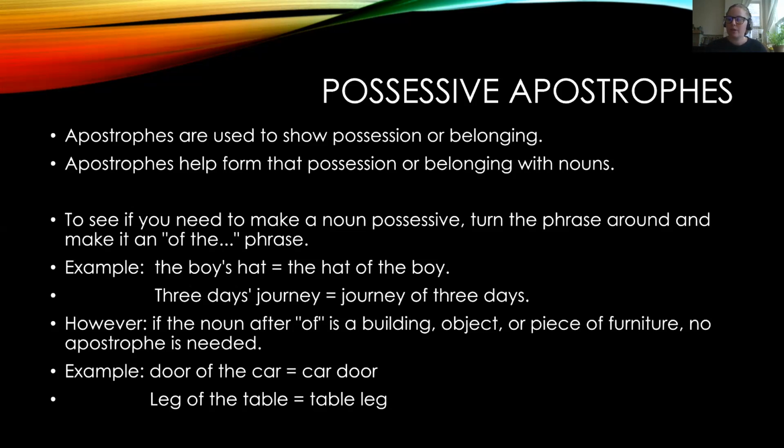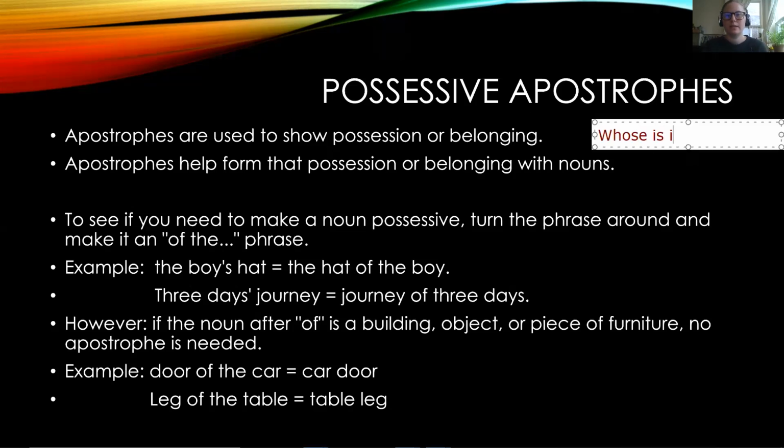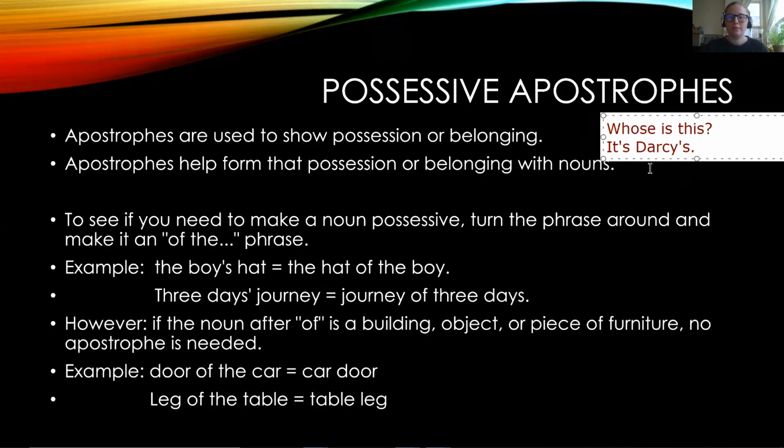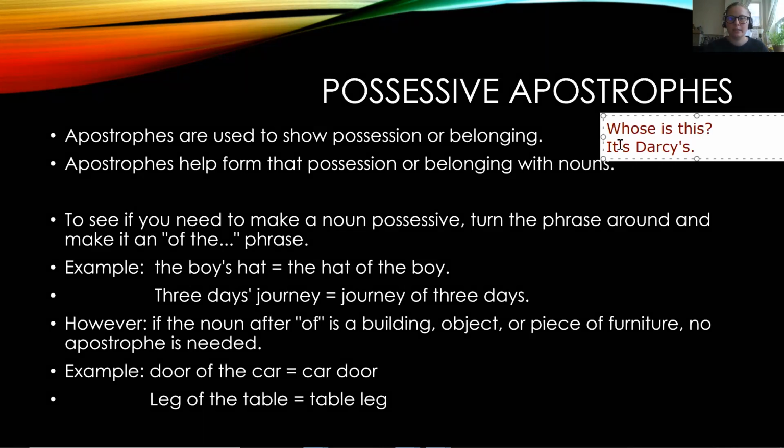If you ever find yourself asking, "Whose is this?" and the answer is "It's Darcy's," if you are actually going to write that out, you'll see I am using a contraction here with "it's."